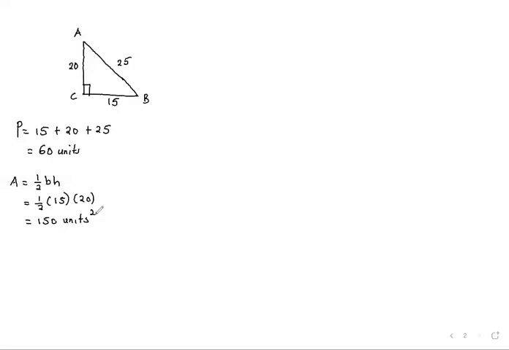Find the size of the internal angles. We've got two methods to use here. We can use SOHCAHTOA. We can as well use the sine rule. Sir, where are these numbers 25, 20, and 15 coming from?